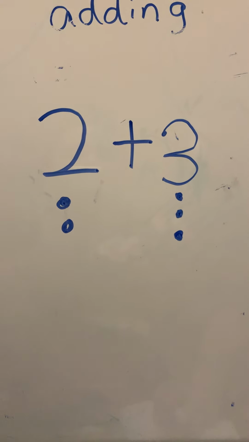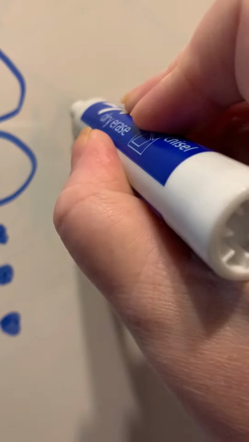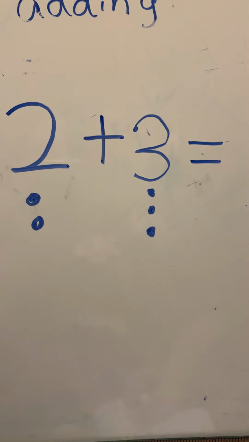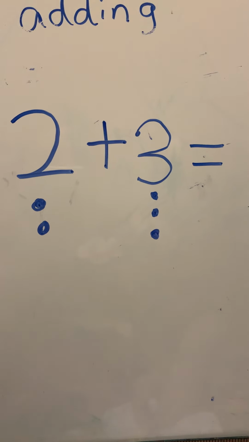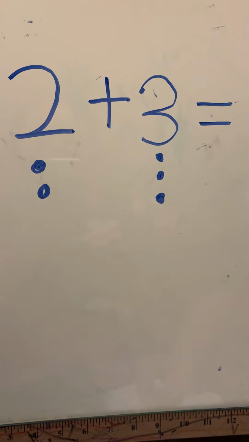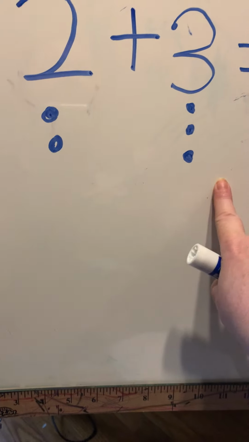Okay, now we're going to put that equal sign there. Come in, and your equal sign is a line over and a line over. That means equal. Are you ready? Let's combine those. So we have 2 over here and we have 3 over here.